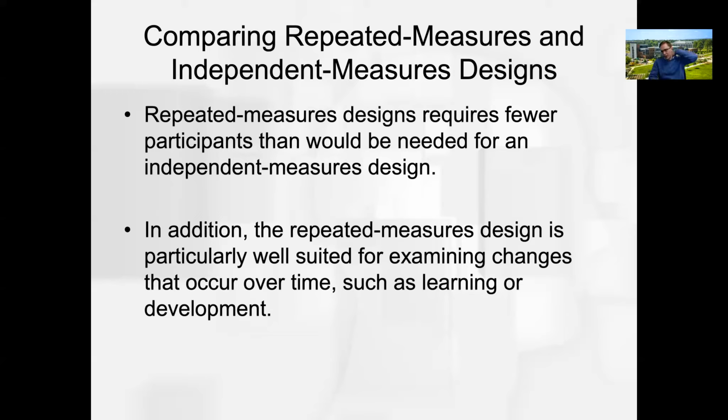In addition, the repeated measures design is particularly well suited for examining changes that occur over time, such as learning or development. One of the examples we're going to talk about today is pre and post. You can see what sort of effect a certain educational intervention has on student performance: you have pre, you have post. You can look at learning over time.